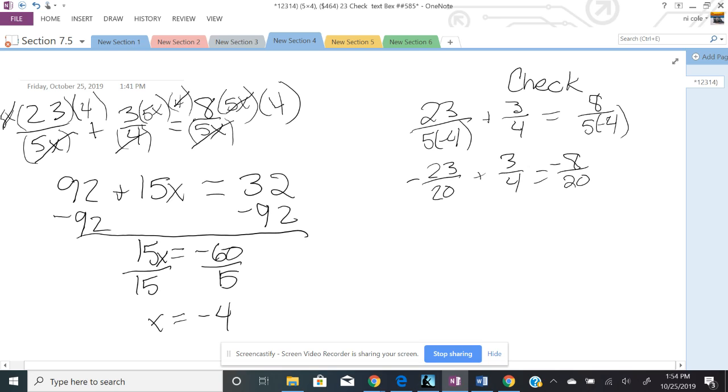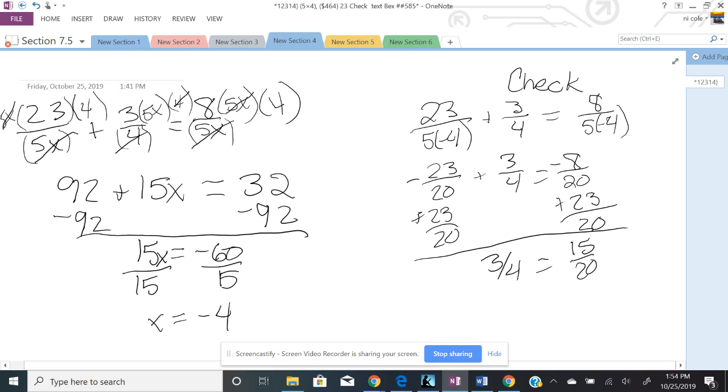I'm going to put the 20ths together, so I'm going to add 23/20 to both sides. So is 3/4 equal to 15 over 20? And the answer is yes. 5 goes into 15 3 times, 5 goes into 20 4 times. So that does leave me with 3/4.